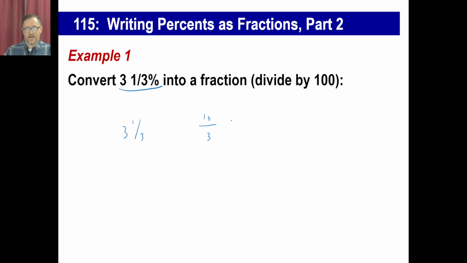We could go through and divide by 100, but let's just skip the step. We know what we're going to do, right? It means we're going to multiply by 1 over 100. So we have this. If you want to, you can cross out first, or you can just go across. It doesn't matter. 10 goes into 10 once. 10 goes into 100 ten times. 1 times 1 up top. 3 times 10. There you go. 1/30. That's all there is to it.